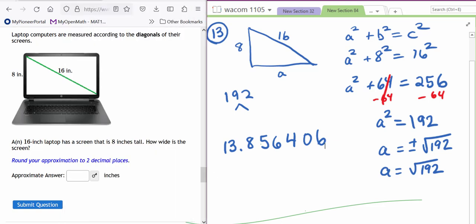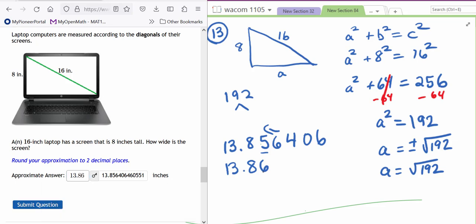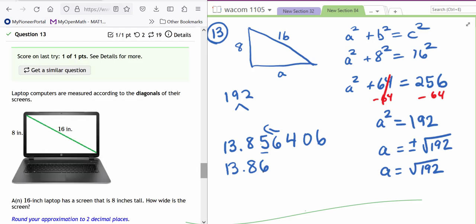To 2 decimal places. So I didn't need all that. I just needed to see to this 6. You wanted 2, so you look one to the right. This 6 is going to push you up. So it's going to be 13.86. And they gave the whole thing to it. Let's answer it. And there you go.